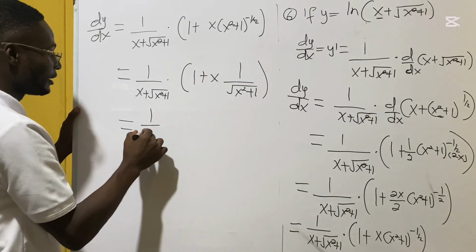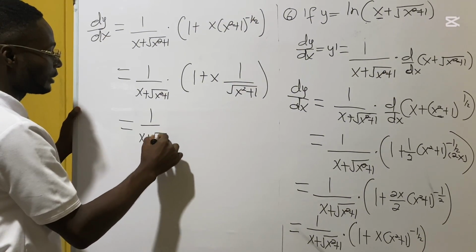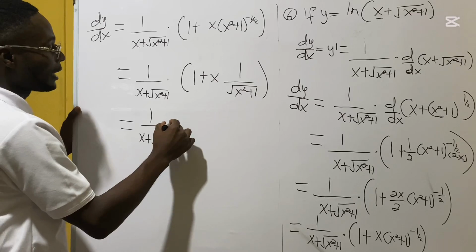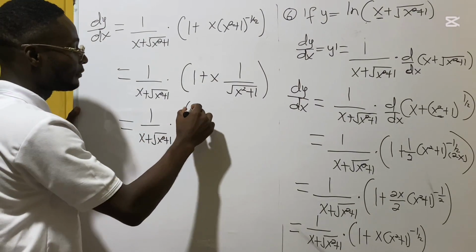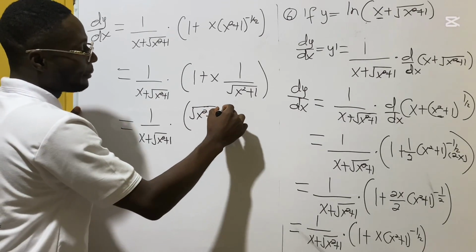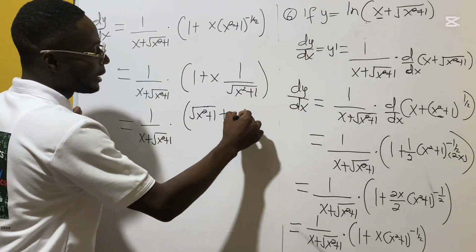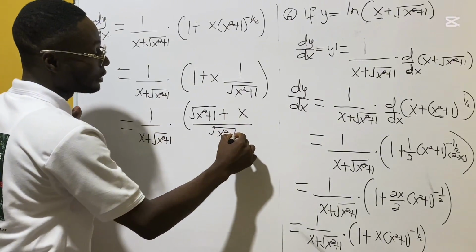When we find the LCM for that, we have x plus square root of x squared plus 1 times this. When you find the LCM, you're going to have square root of x squared plus 1 plus x all over square root of x squared plus 1, right?